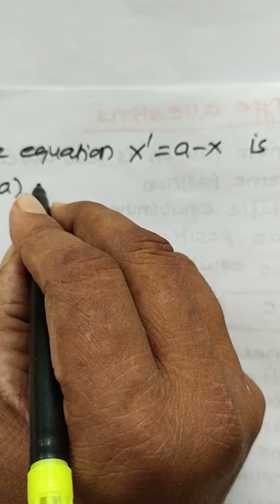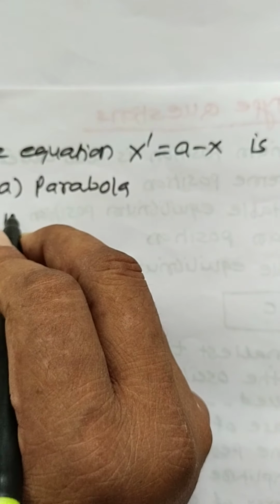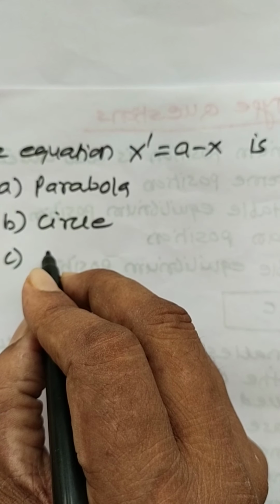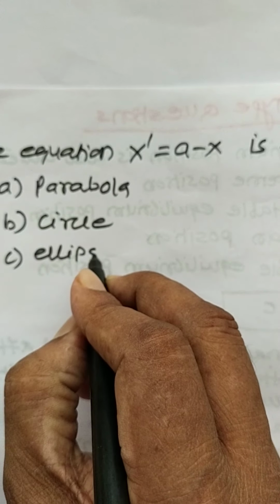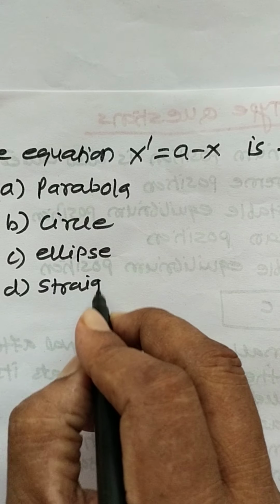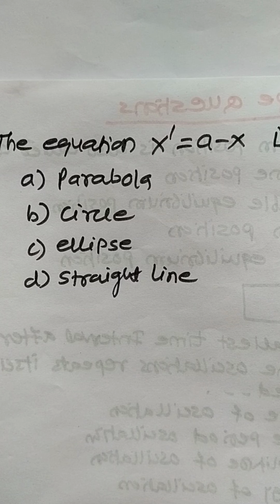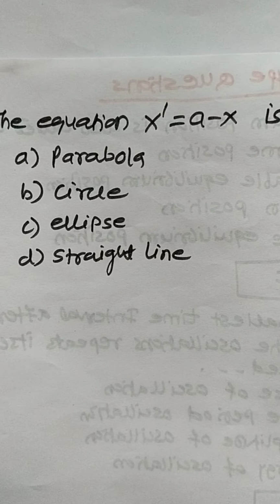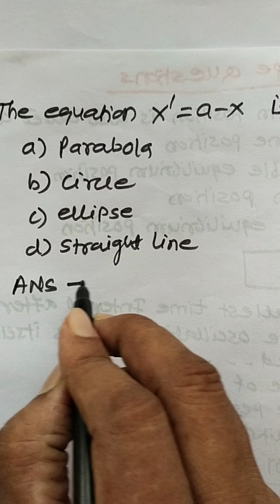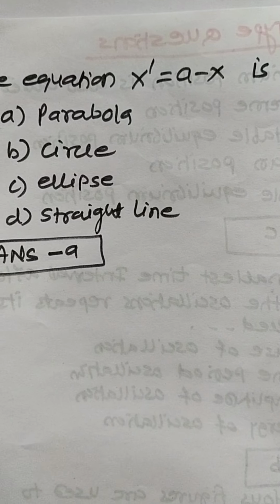Options are, first is the parabola, B is the circle, C is the ellipse and D is the straight line. Parabola, circle, ellipse and the straight line. Okay, so what is the correct answer? Correct answer is A, that is the parabola.